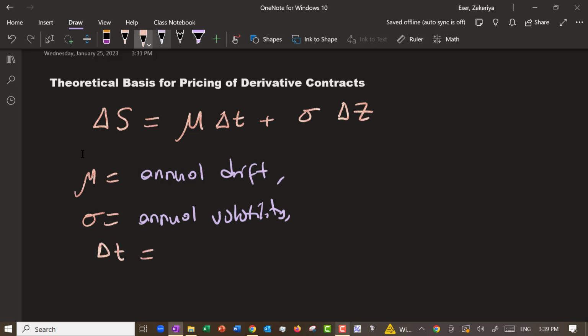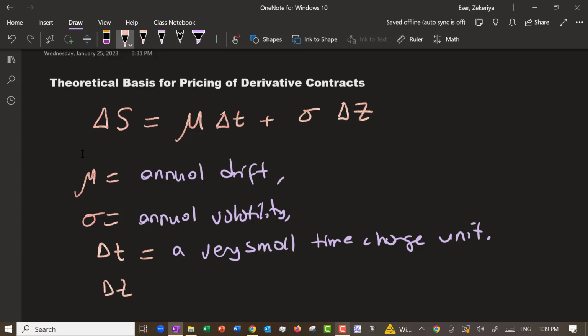Delta t is a very small time change unit. Technically speaking, mathematically we're doing this in continuous time, but I'm still treating it as if it's discrete. Delta z is something called a Brownian increment.